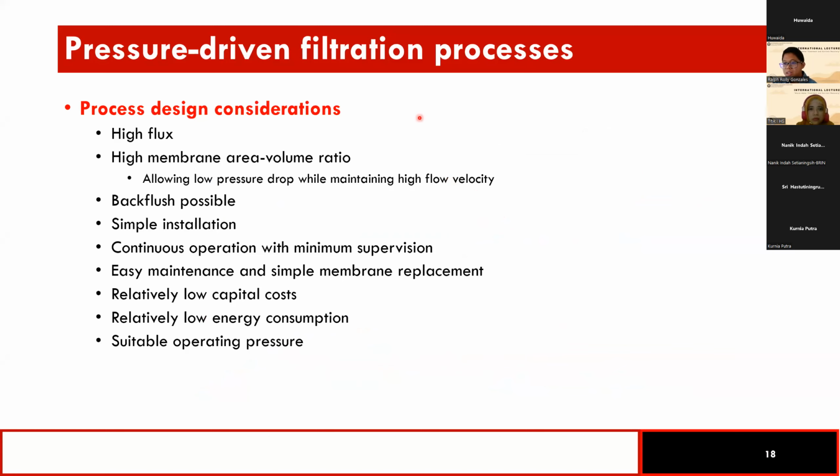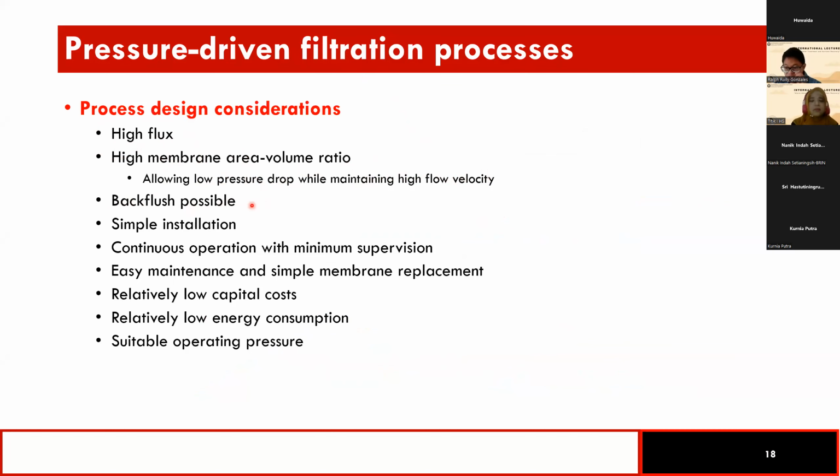Okay, so these are some of the considerations that we need to consider in designing a pressure-driven filtration process. So we want high flux or high permeability of water through the membrane. We also want a high membrane area to volume ratio, which allows low pressure drop while maintaining high flow velocity. We also want back flushing to be possible. Why?